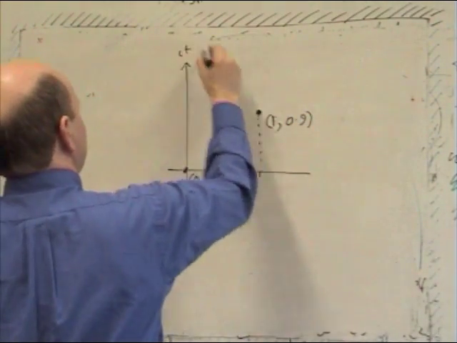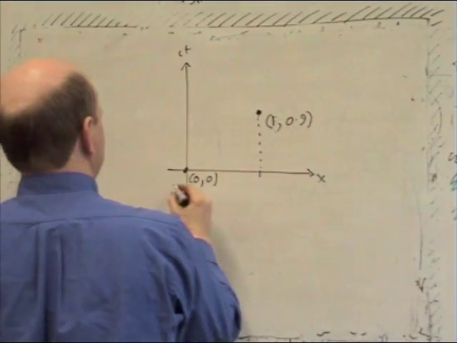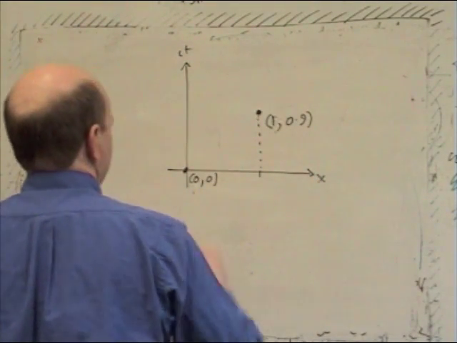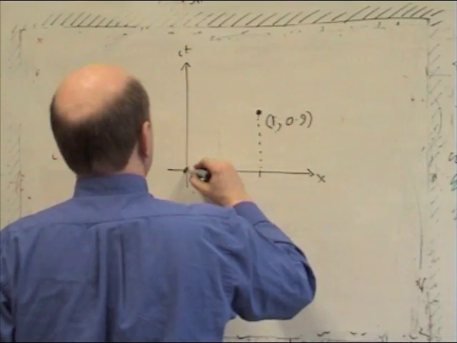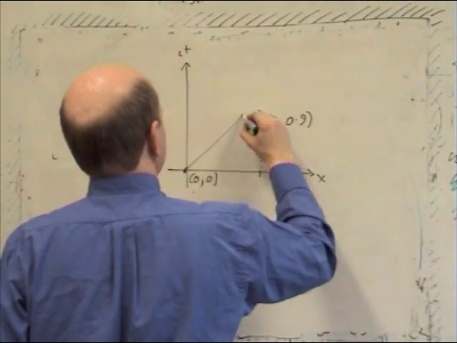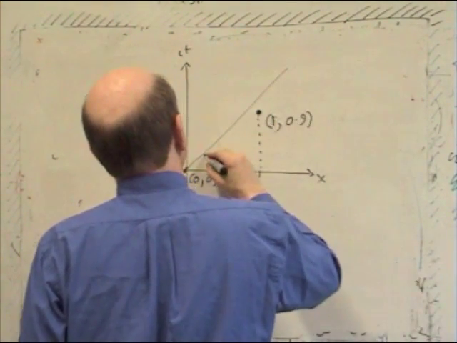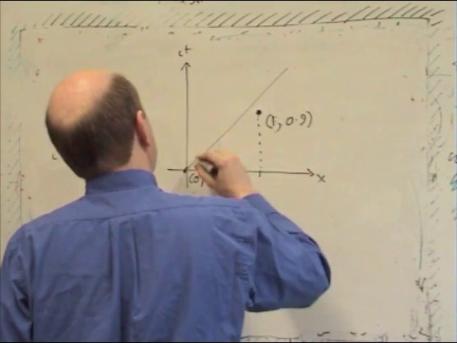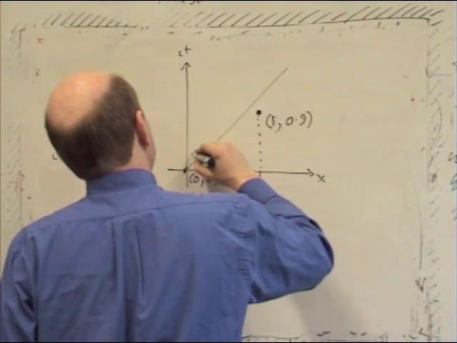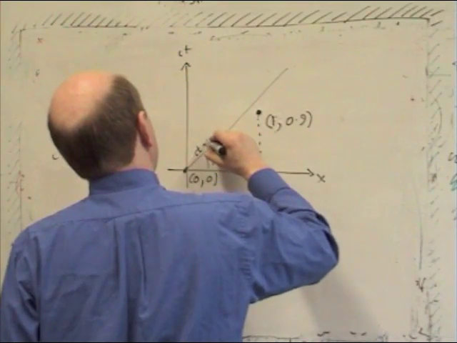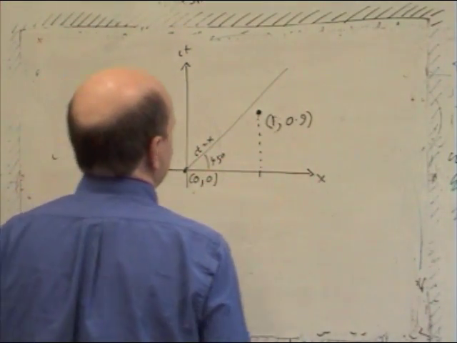This is ct. This is x. Always label your axes. This event emits a light beam. So the world line of a light beam is at 45 degrees, and the equation of the light beam is ct equals x, because it's emitted at the origin.